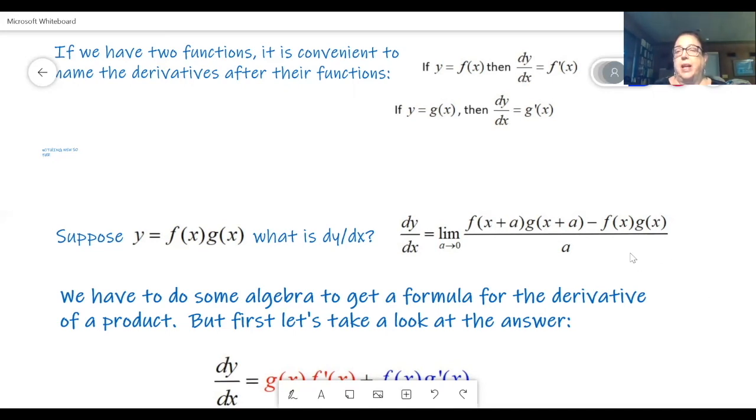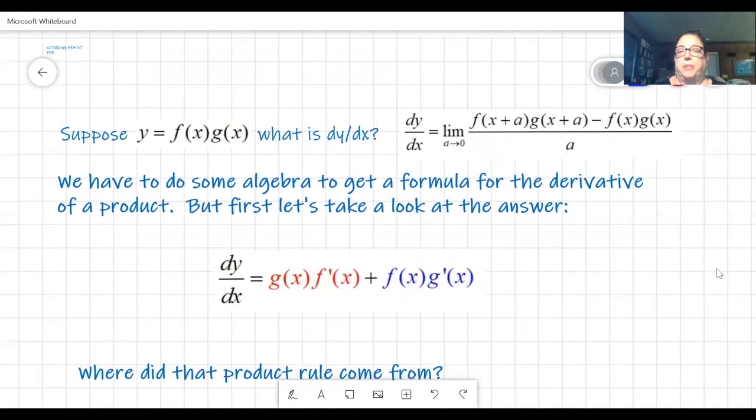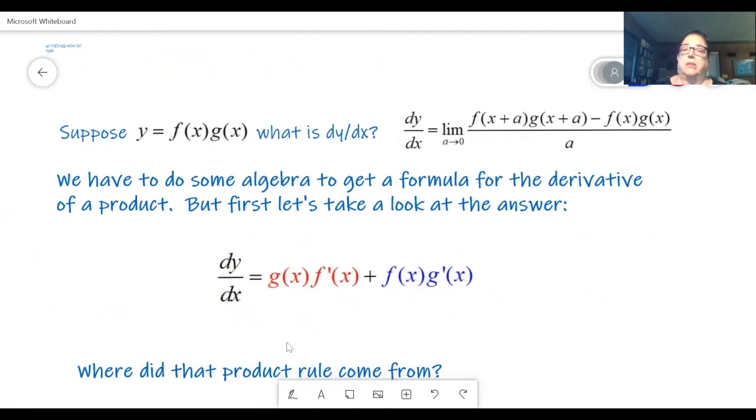Now, I'm going to show you the answer before we do the algebra to derive the right formula. I'm just going to show it to you because I think it's important to know where we're going when we have to do so much algebra to get there. So here it is. The derivative of a product, when you have f of x times g of x, is the sum of 2 terms.